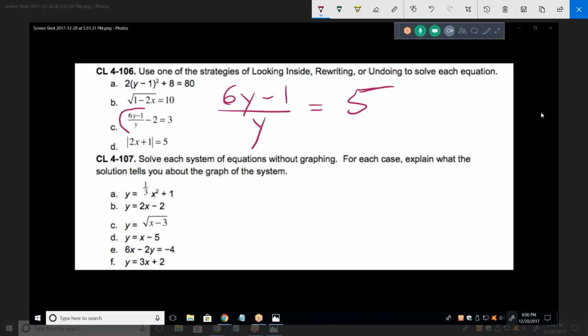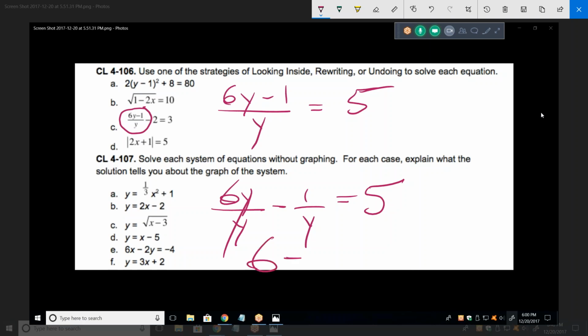But just so you know, that can be split up into two fractions. 6y over y minus 1 over y equals 5. And that becomes 6 minus 1 over y equals 5.